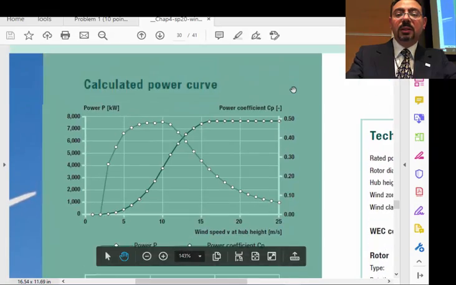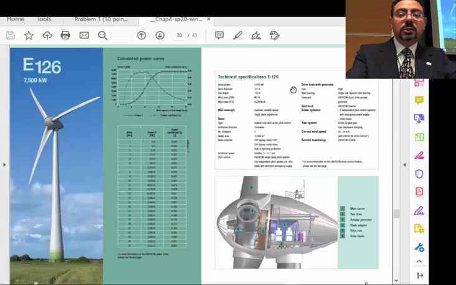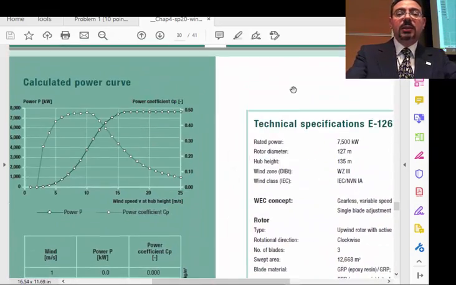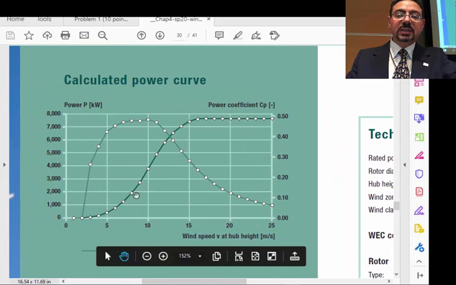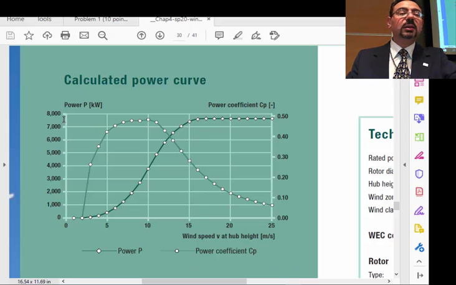Let's open this up a little bit. This 7 megawatt wind turbine will give you the 7 megawatt only when the velocity is 16 meter per second or higher. When you are at 16 meter per second or higher, you will get the 7.5 megawatt.